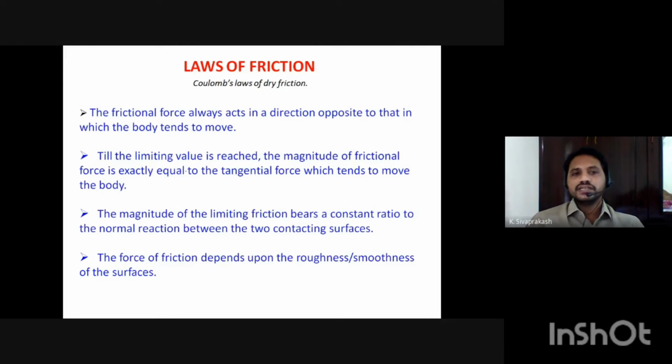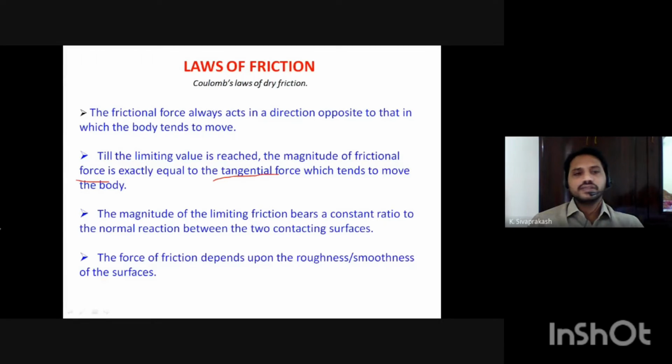Till the limiting frictional value is reached, the magnitude of the frictional force is exactly equal to the tangential force which tends to move the body. Remember, the limiting value means the maximum value; up to the maximum value, the frictional force is exactly equal to the opposing external, tangential force that tends to move the body.